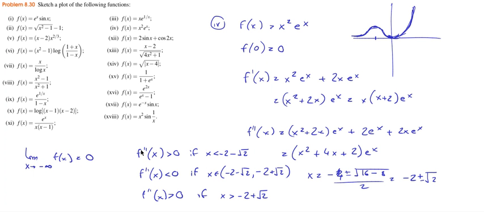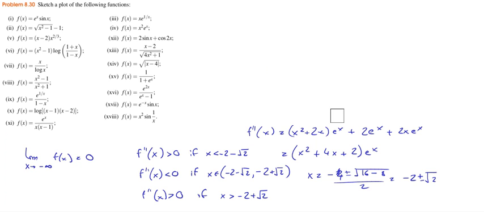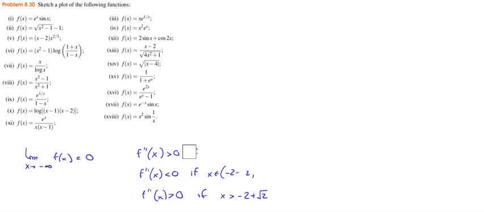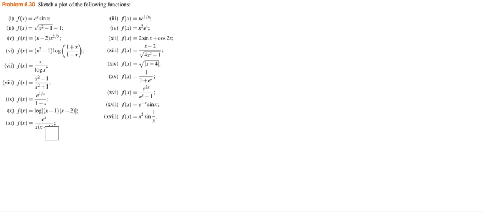Okay, let's do the next one. Let's do part 5. f is equal to x minus 2 times x to the 2/3.